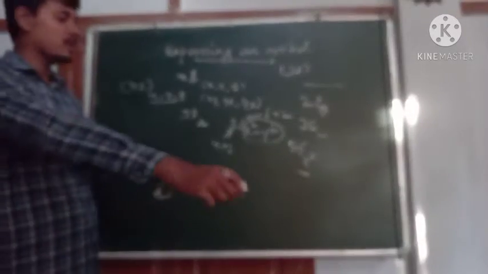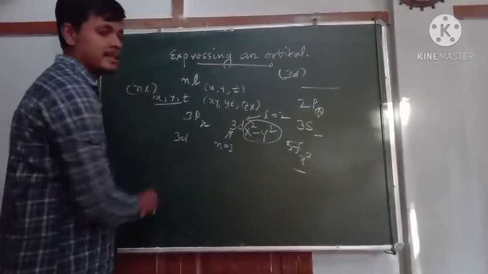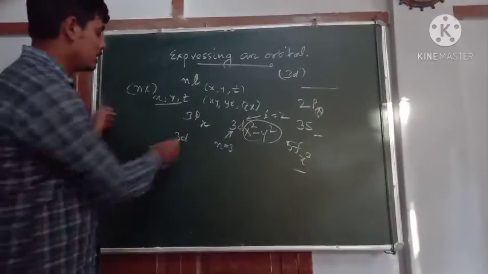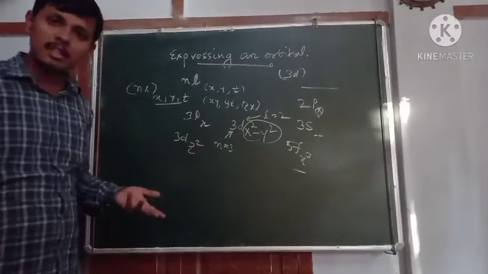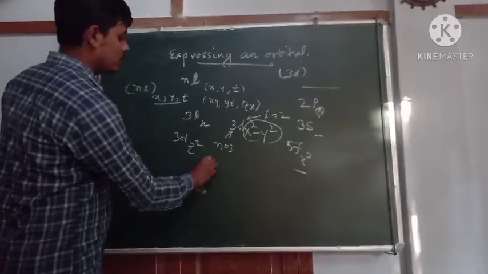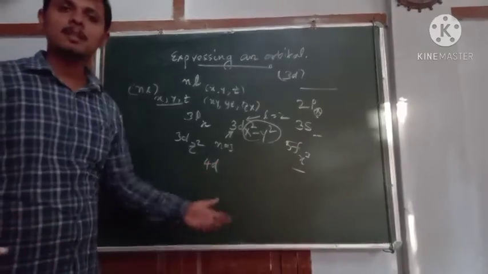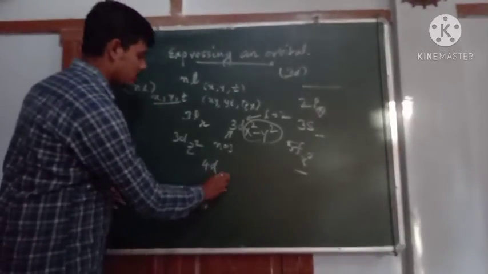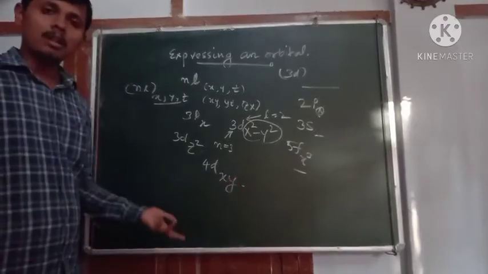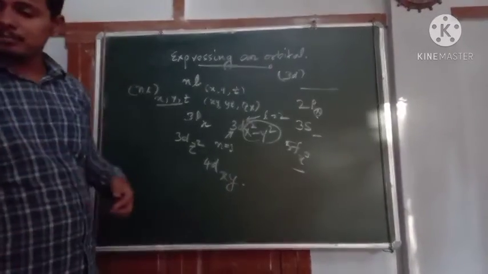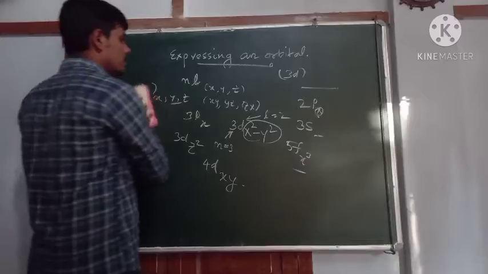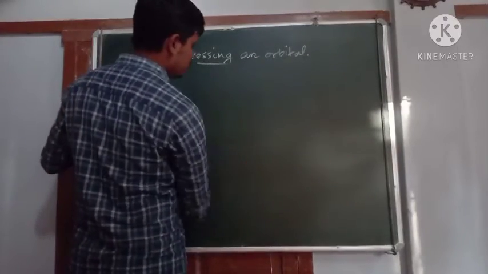For example, 3d is a subshell and 3d z square is an orbital. For example 4d is a subshell, and 4d xy is an orbital. Okay, so this is very simple, expressing an orbital.